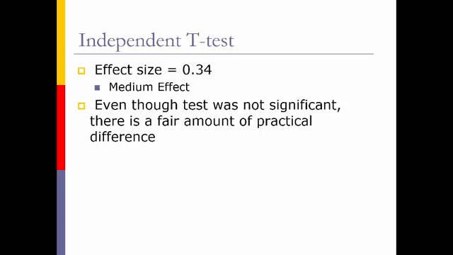Sometimes the outcome of the test is simply due to the number of data points that you had in your sample. We had 24 data points. If we have a ton more, and we had a little bit of a practical difference, we might end up with a statistical difference. But at this time, with the data we have, we do not have a significant difference. And that's pretty much all we can say.